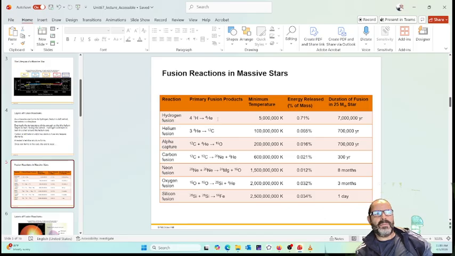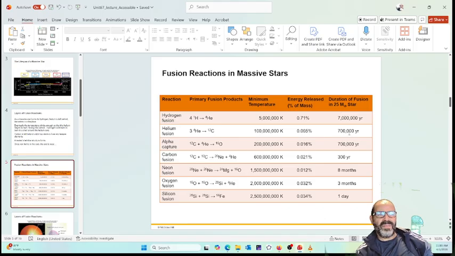Massive stars depend really on their mass for their lifespan, so these numbers are for a star that is 25 times more massive than the sun. That process takes about 7 million years. That's nothing compared to the sun, which is already 4.5 billion years old.